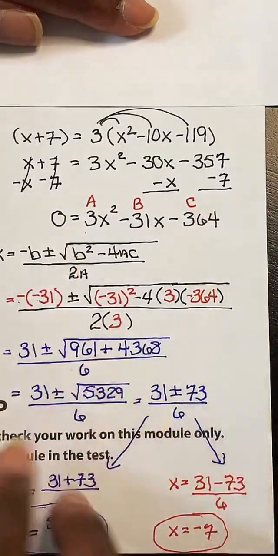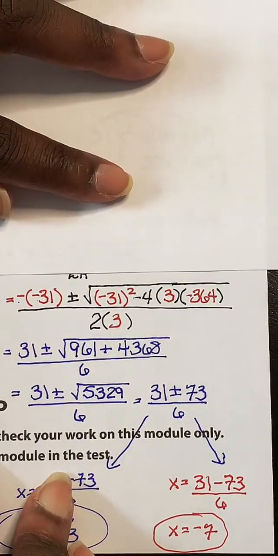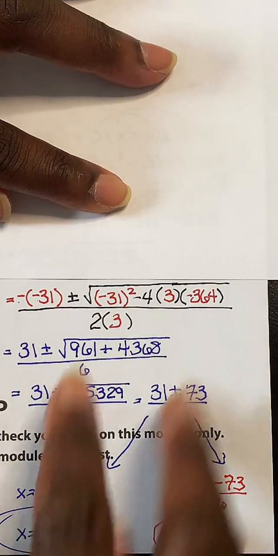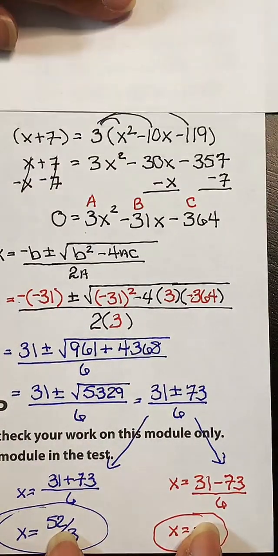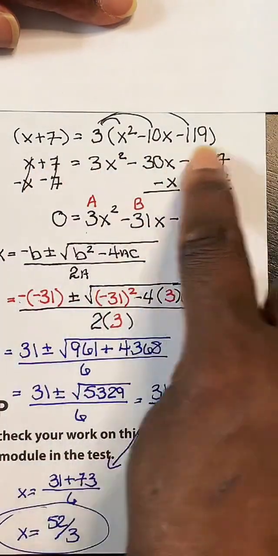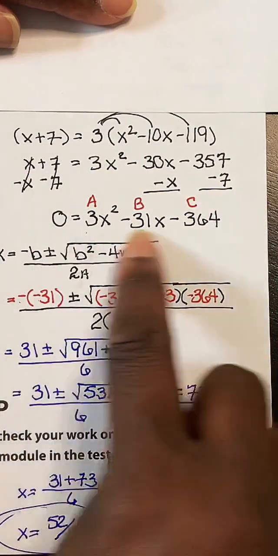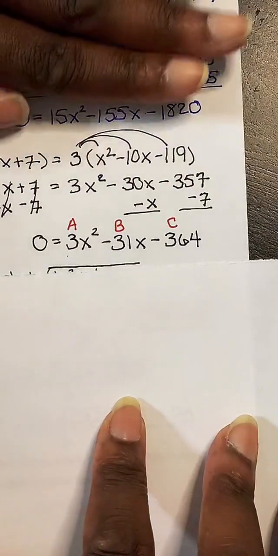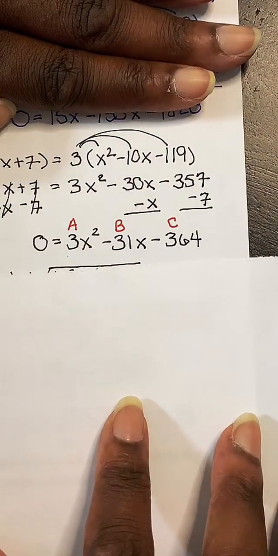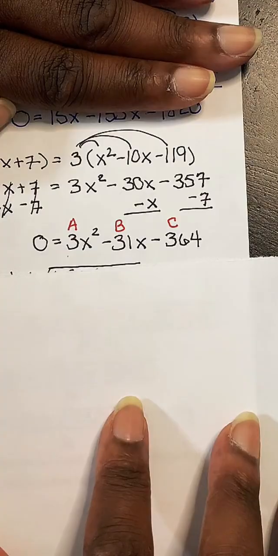Or it'll be like 2 separate equations. They'll give you stuff just for you to plug in, and then you will have to do this. This will be considered a 4-point question. But if you were just doing the distributive property just to get from here to here, that would be roughly a 3-point question. Okay.